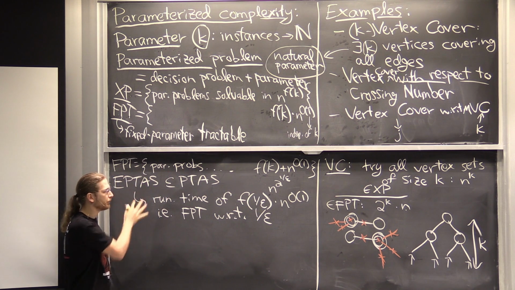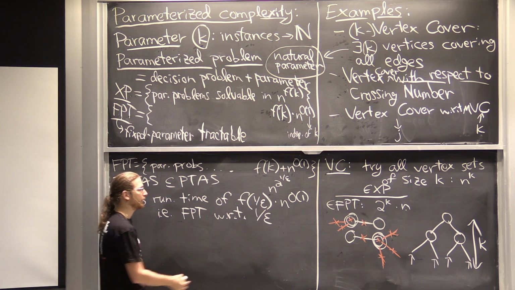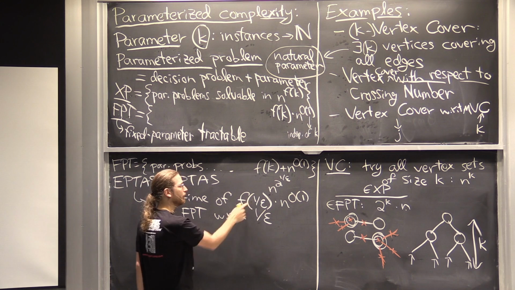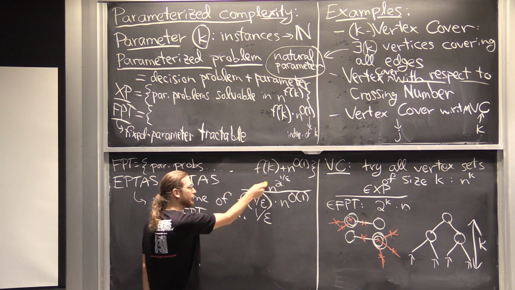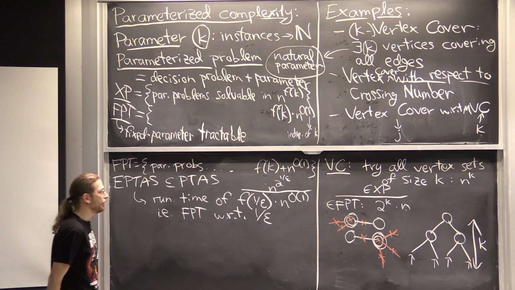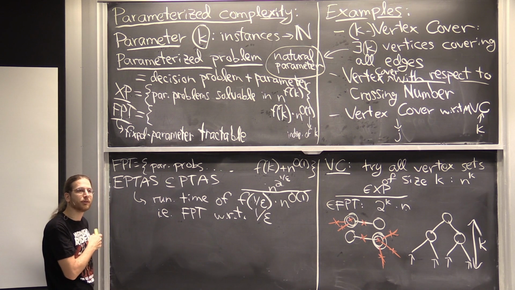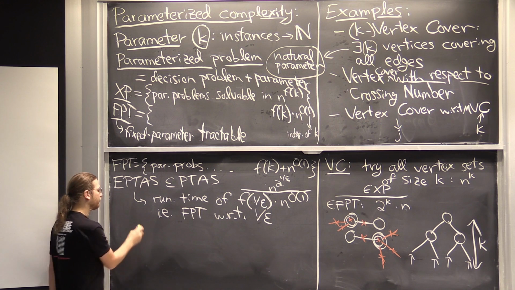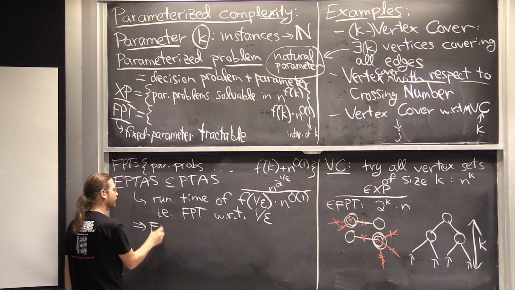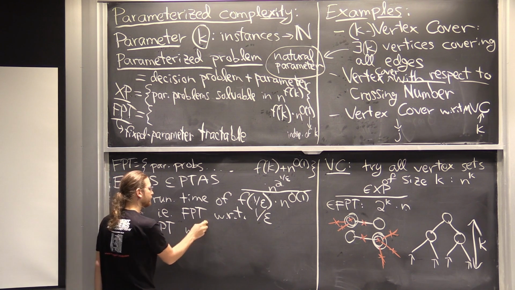So this is relating the two worlds. If you get this kind of running time versus this kind of running time, I consider this good, this bad. In general, these are called efficient PTASs, or ePTAS. And in general, if you have an ePTAS, you also have an FPT algorithm with respect to the natural parameter.